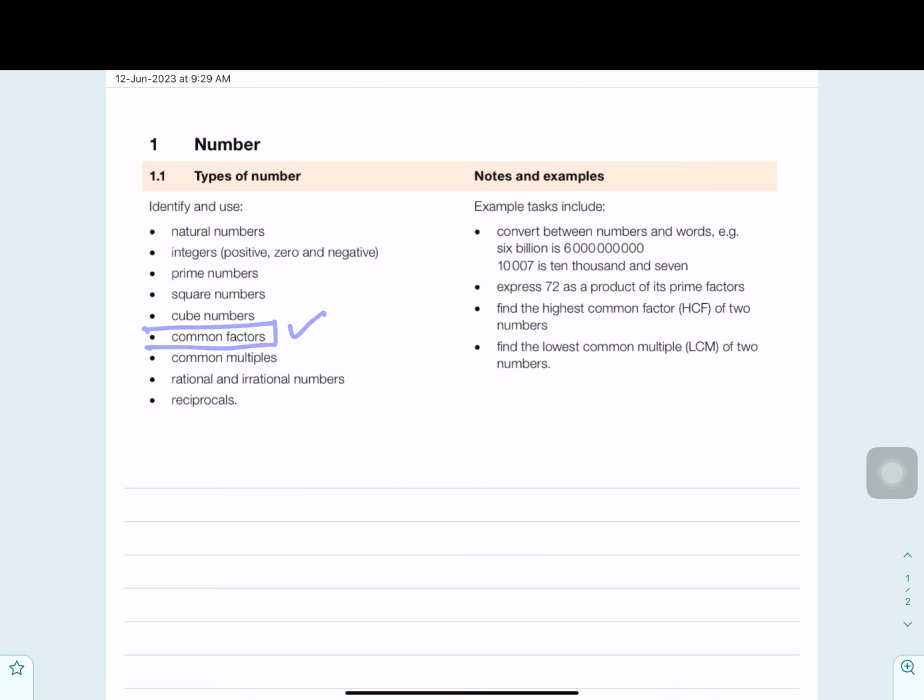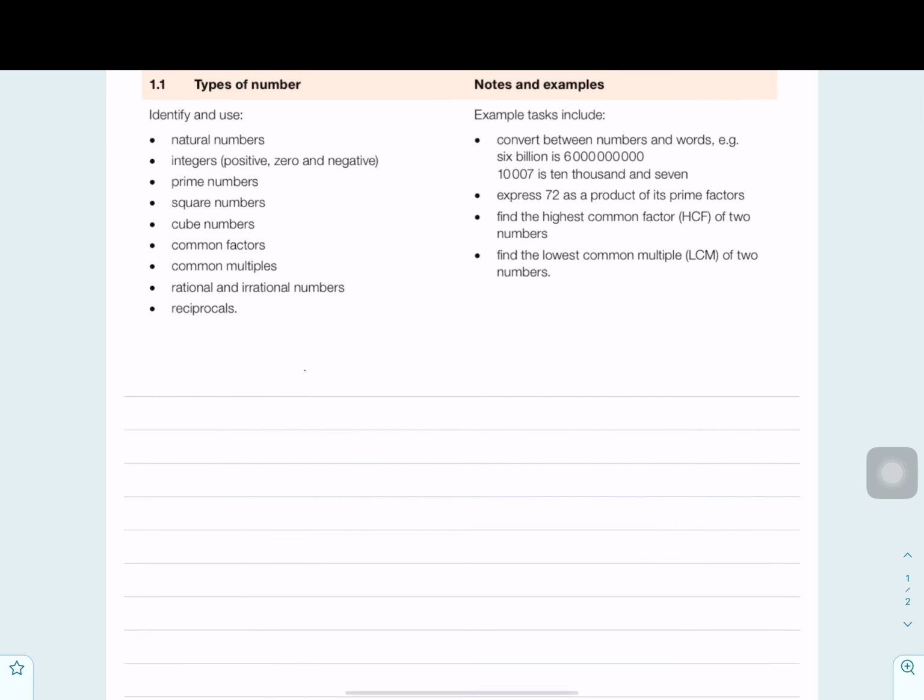Common factors. But before I explain what is common factor, you need to understand how do we find factors. The easiest method is you will draw grid division. This division is called grid division. Let's say the first number is 16. Now 16 goes evenly into 2.